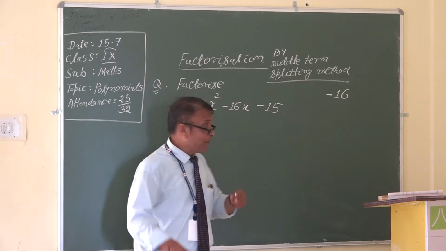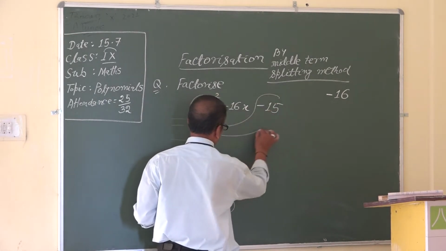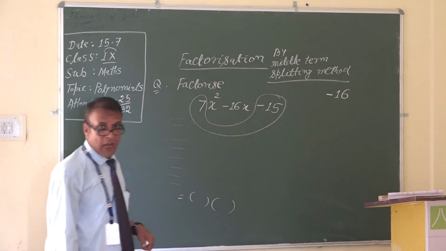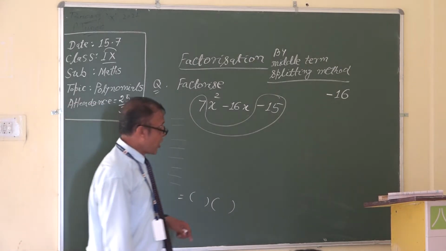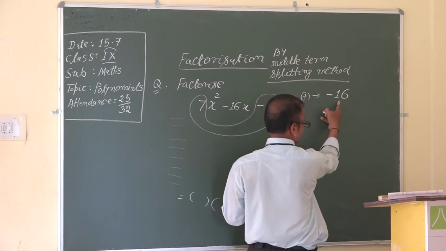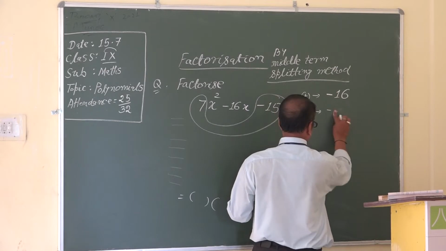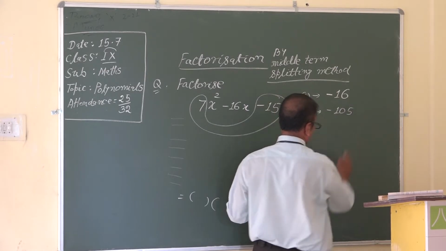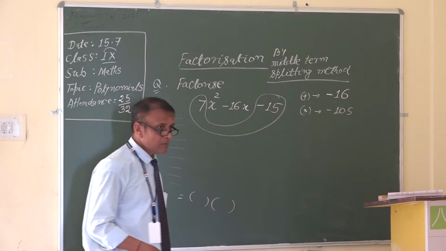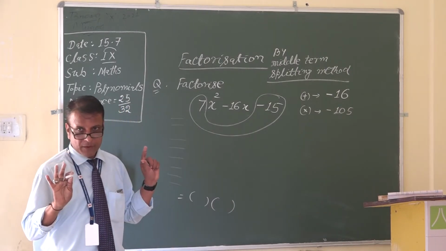When I multiply those two terms, it will give the multiplication of these two, that is minus 105. So by adding, I should get this, and by multiplying, I should get minus 105. Just forget about that minus, simply 105.